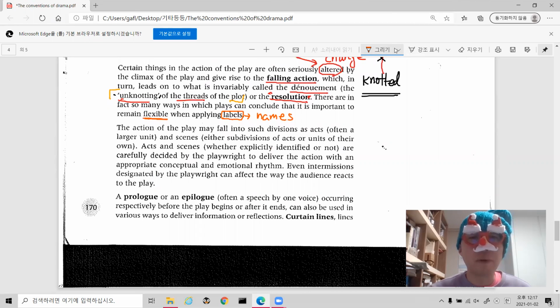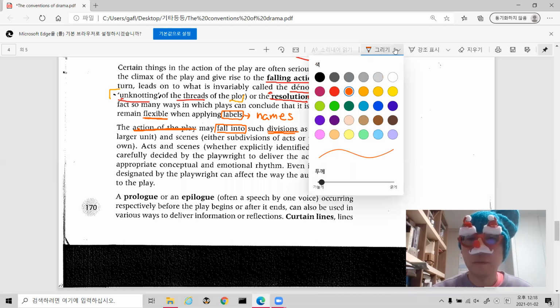So the action of the play may fall into such divisions as act, a larger unit, and scenes, either subdivisions of an act or a unit of their own. So the action of a play separates into small divisions, such as acts or scenes.